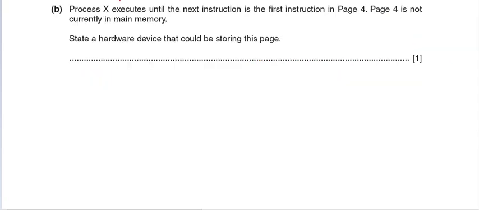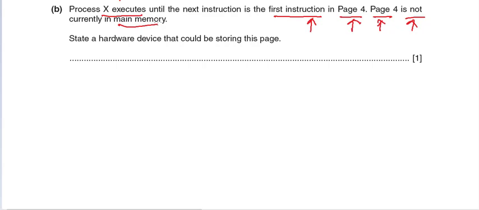Then it says that the process keeps executing, which means instructions within the process keep getting executed until we require an instruction which is lying in page 4, but page 4 is not inside the RAM right now. So where would page 4 be?